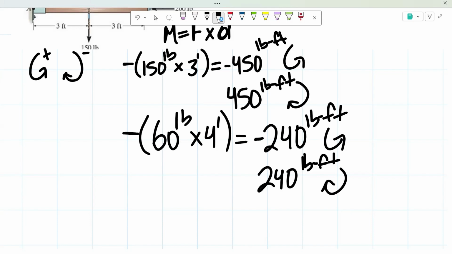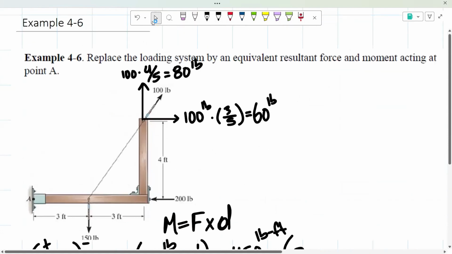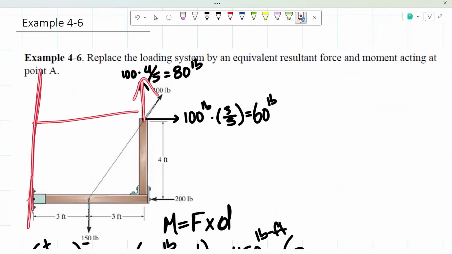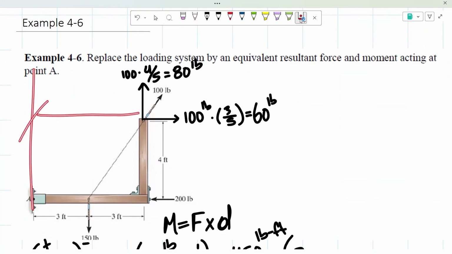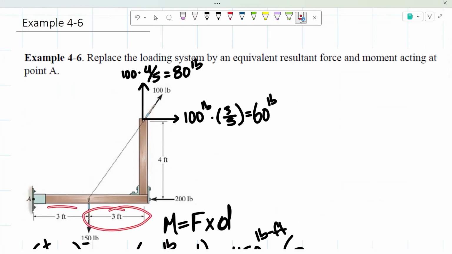Now for our last moment, we have our 80 pounds. Since this is a vertical force, we want that to align with that vertical axis where that point is laying on. So the distance is going to be this right here. That's going to be our distance. So which is basically this 3 feet plus this 3 feet, which is 6 feet. So now we just have to figure out if it's going to be creating a negative or a positive moment.